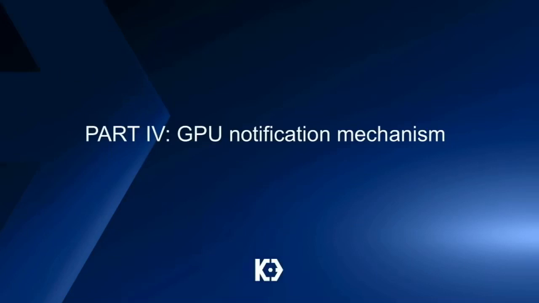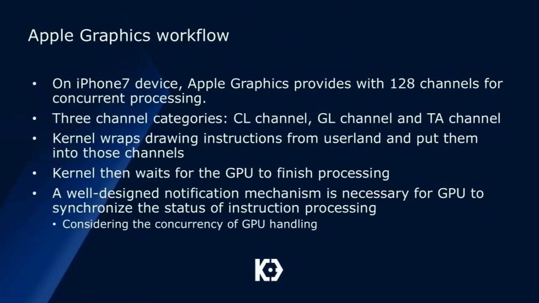Next, we talk about the GPU notification mechanism. On the iPhone 7 device, we found that Apple Graphics provides 128 channels for concurrent processing. Those channels have 3 categories: CL channel, GL channel, and TA channel.